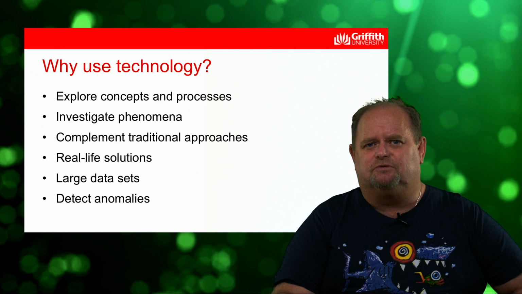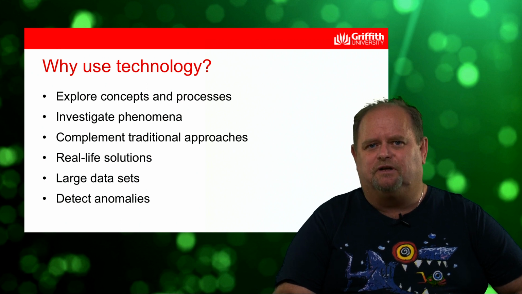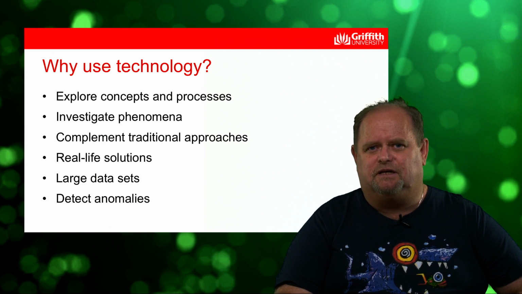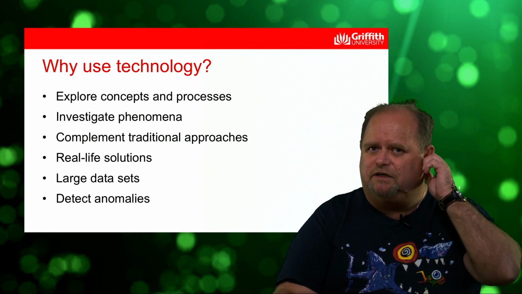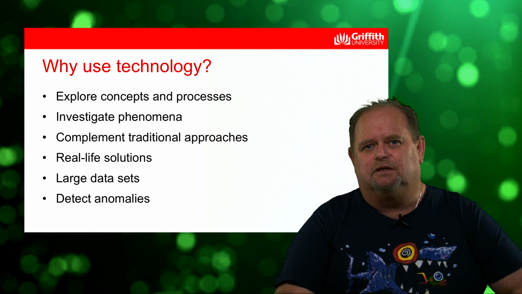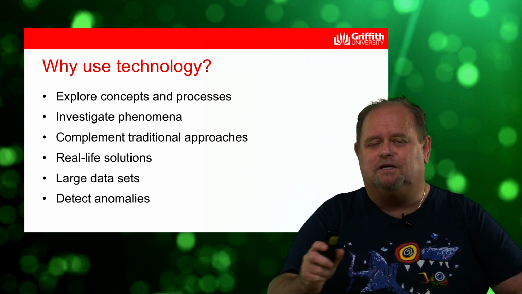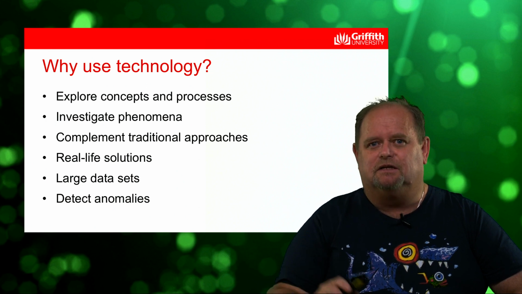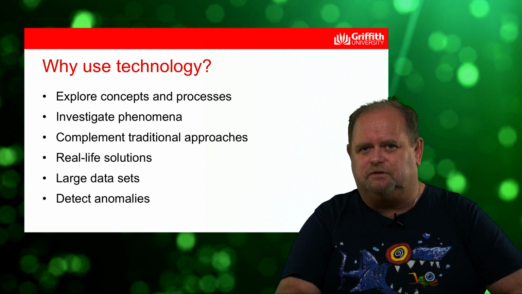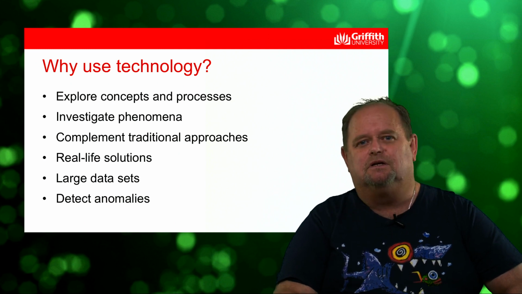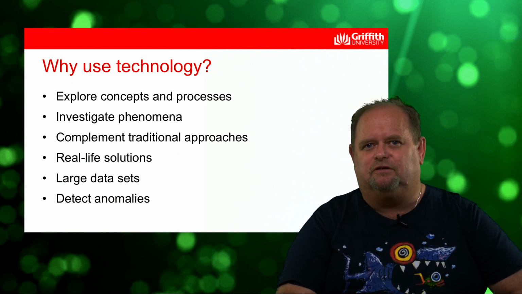It also allows us to find the red herring. What are some of the anomalies that occur? We can ask ourselves, what if we change this particular variable? They can start investigating and playing with the data, or with models or equations or graphs, whatever they're using the technology for.